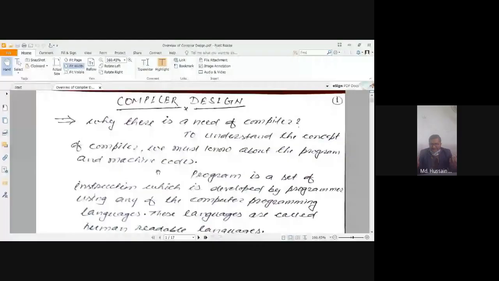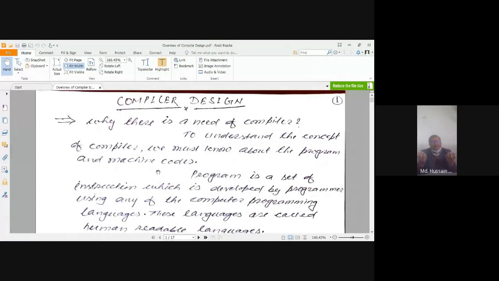So these two things must be compatible with each other, or we can say that this high level language must be converted to the machine level language so that the computer understands it, and this conversion can be done with the help of a compiler.